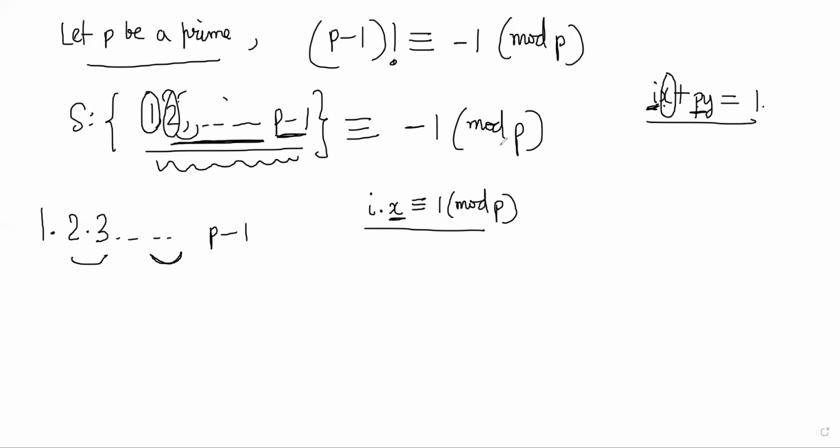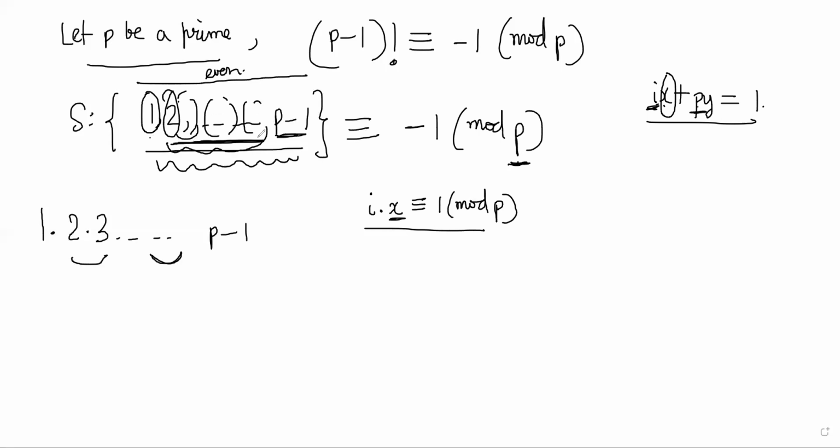Also, because it is a prime, it will be odd, and that means 1 to P minus 1 will be an even number of terms here. So these terms will be even, so you'll be able to pair up.